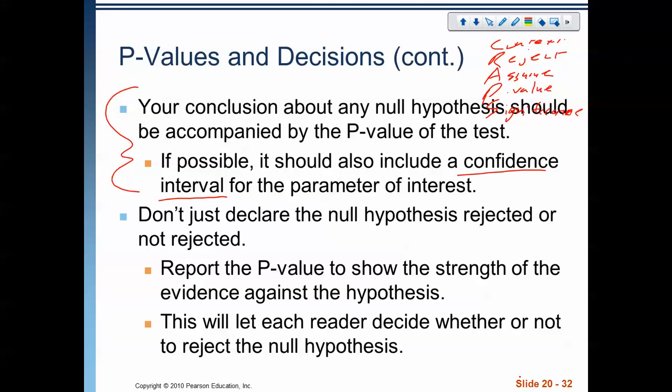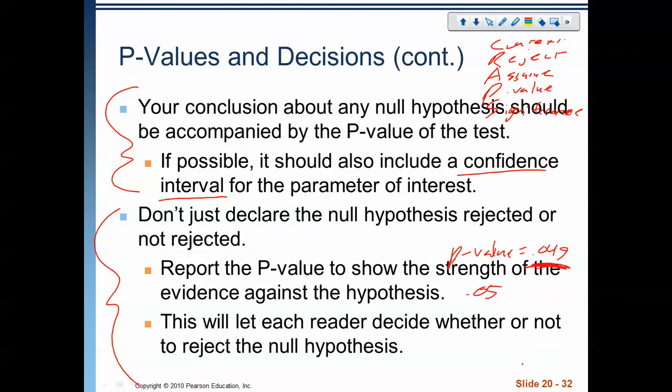And again, don't just claim it to be rejected or not rejected. State what the p-value is. It tells you the strength of the evidence. If the threshold you're taking is 0.05 and the p-value you get is 0.049, you're still rejecting the null hypothesis.